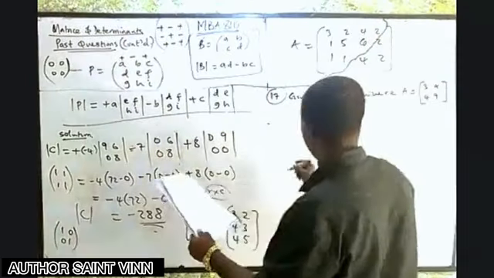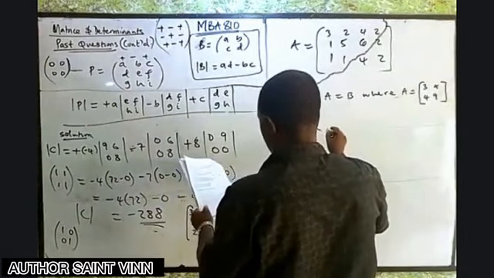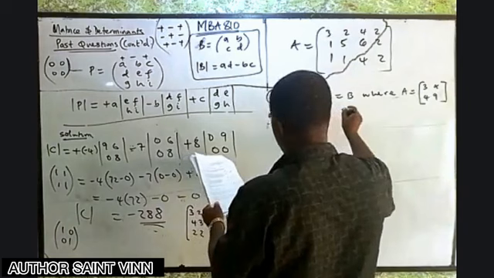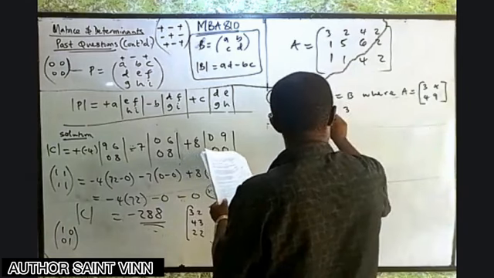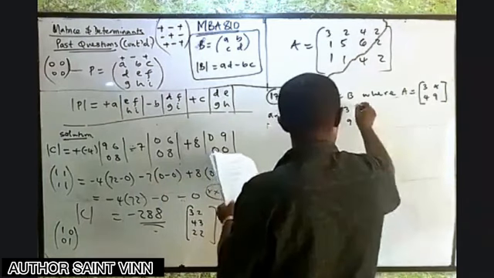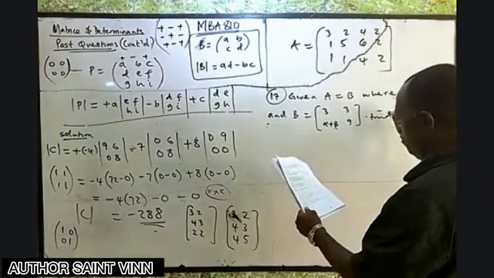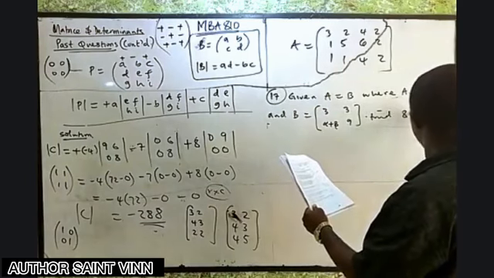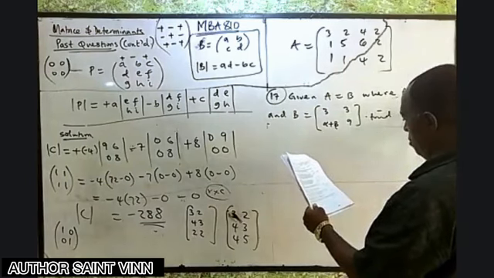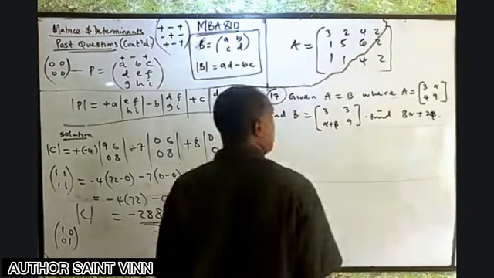That's why I'm writing it. And B, we have 3, another 3, alpha plus beta, and then 9. We should find 8 alpha plus 2 beta. As usual, it hasn't changed.